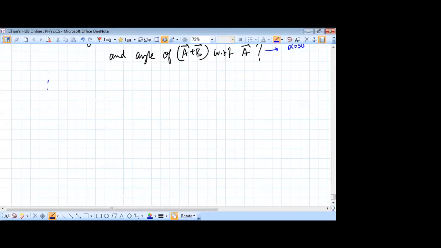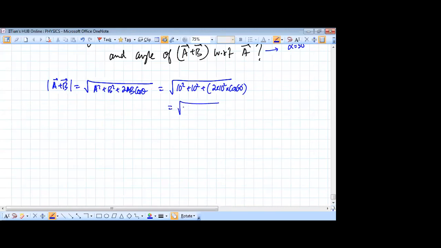You can see that magnitude of A plus B is equal to, now just substitute in the formula. Now, cos 60 is half.